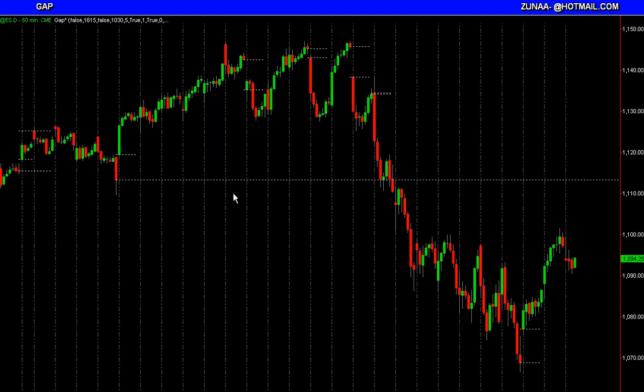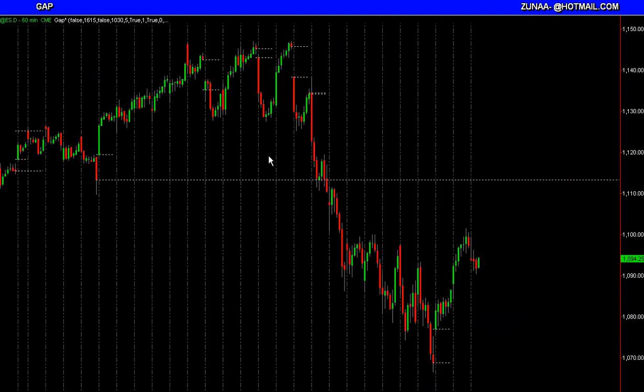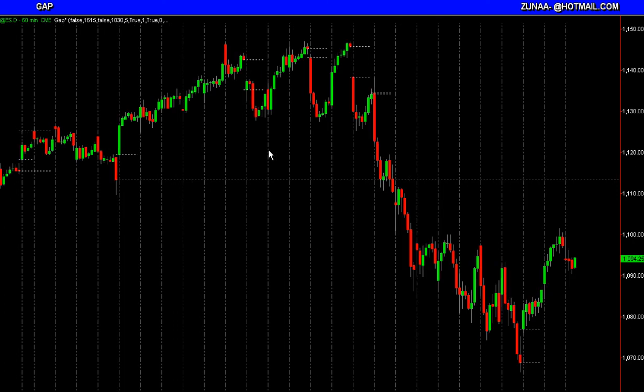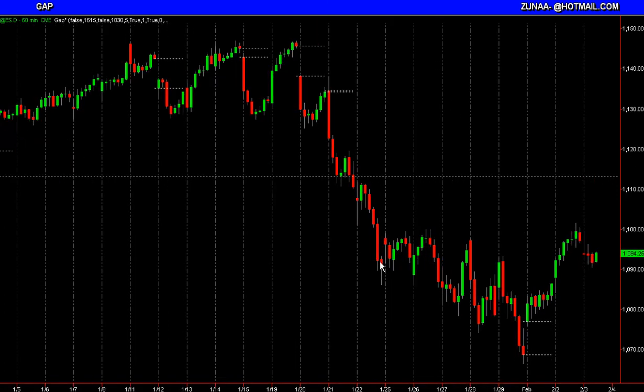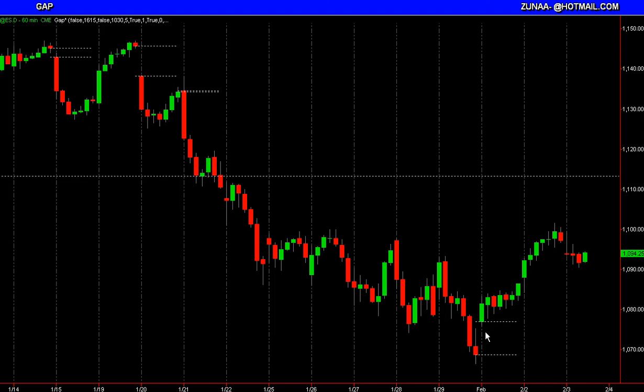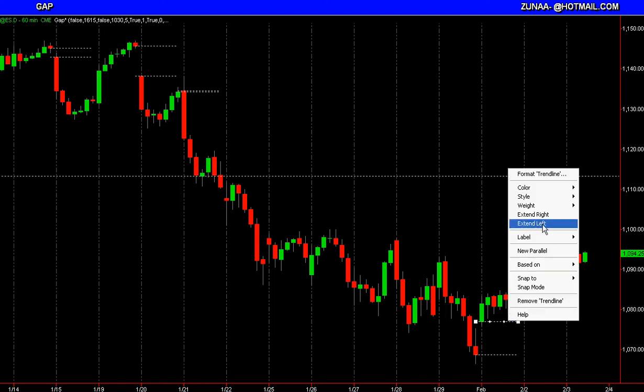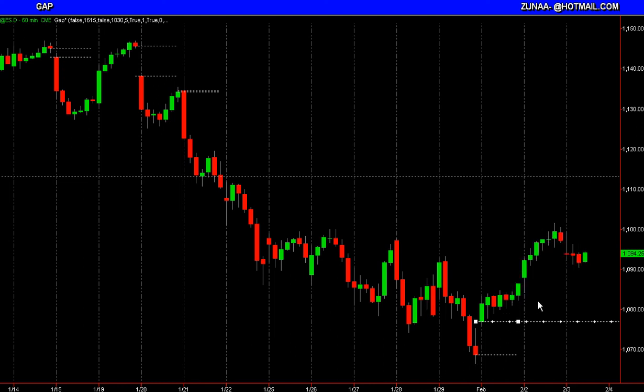Swing points that have gaps are generally a lot stronger compared to swing points that do not have gaps. So we will definitely monitor this area. If we come back down to this area, this is going to be an important gap, the gap from today, not the day before, but the day prior to that.